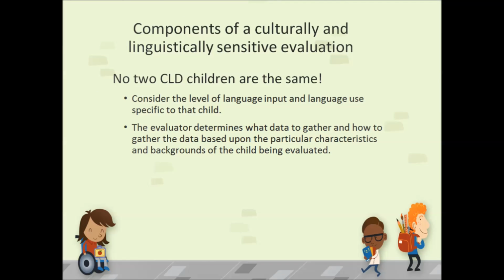So, components of culturally and linguistically sensitive evaluations. No two children are the same, with monolingual kids and bilinguals alike, but it just adds another, more complex layer when the child is multicultural. Consider the level of language input. To evaluate the output, we need to know the input: the different dialects, the different percentages of what language they're hearing.